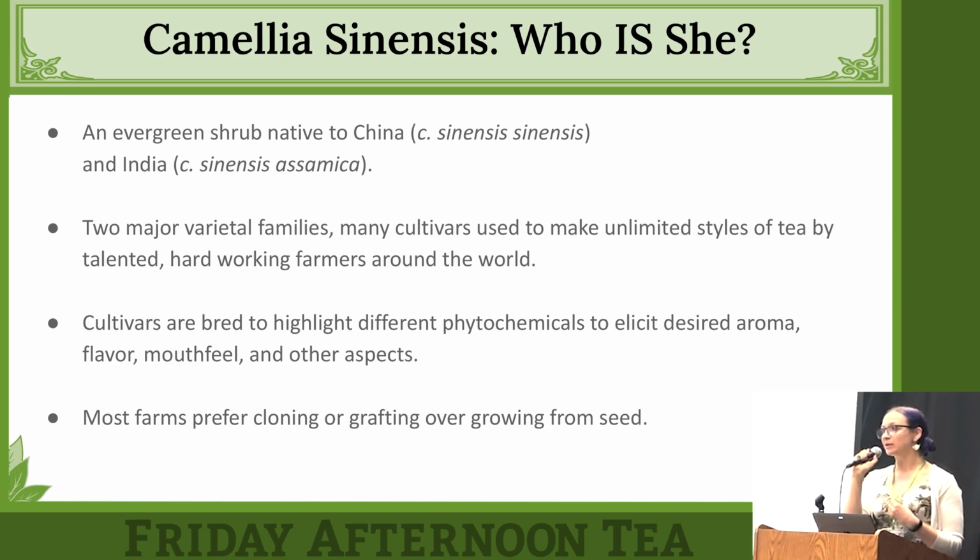You need to be able to sell 100 kilos of a very specific flavor profile to your international buyers, right? So we have a lot of farms that are working with specifically patented genetic code that has been cloned, or breeds that have been grafted together to create hybrid trees that are growing for specific types of flavors and aromas.